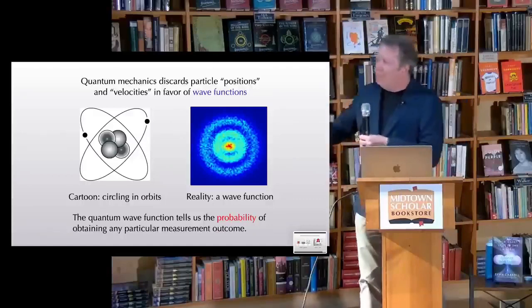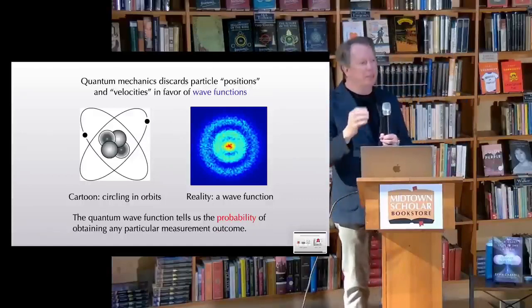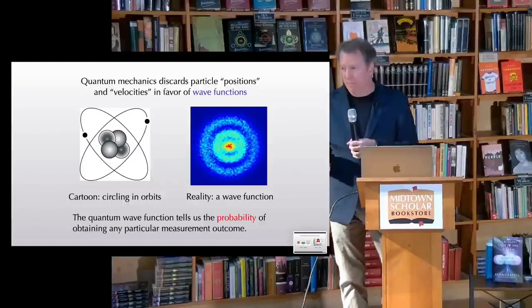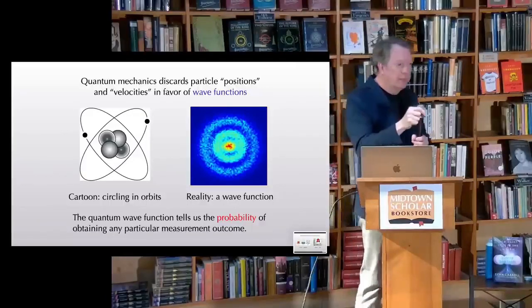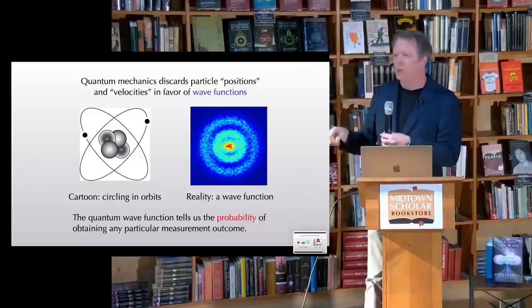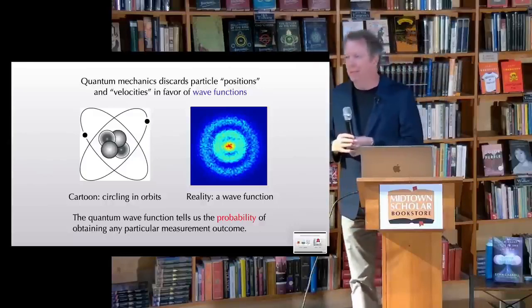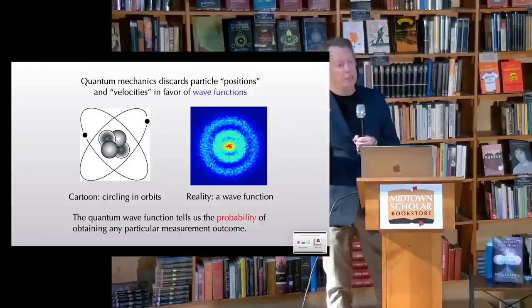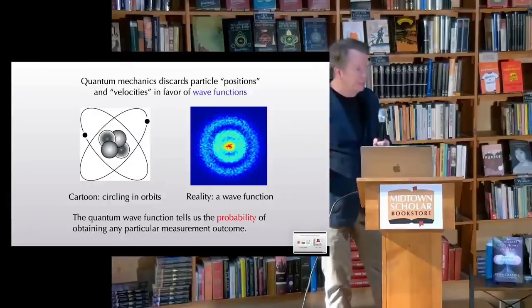But it can't be right, according to quantum mechanics, because according to quantum mechanics, electrons aren't actually particles. They're not little dots. An atom is not like the solar system, with the nucleus as the sun and the planets as particles. The electron is described by something called a wave function.